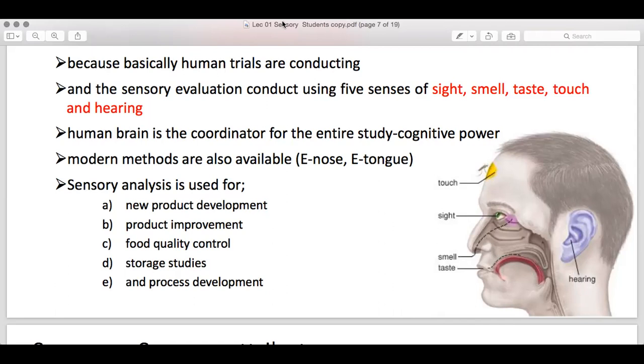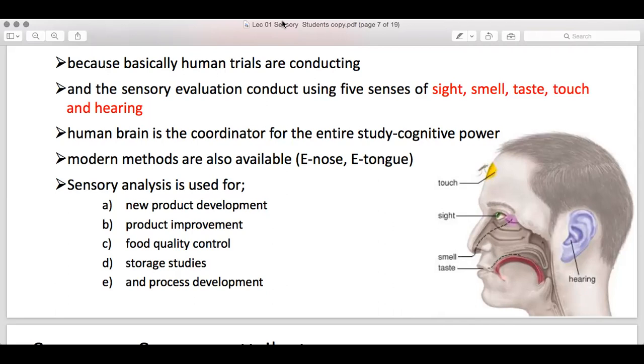So for that, after developing the new products and after conducting the alterations and improving the products, we definitely have to do a sensory analysis or a series of sensory analyses to measure its quality and to compare it with our standards and the competitive products available in the market, right? So I think it's clear.